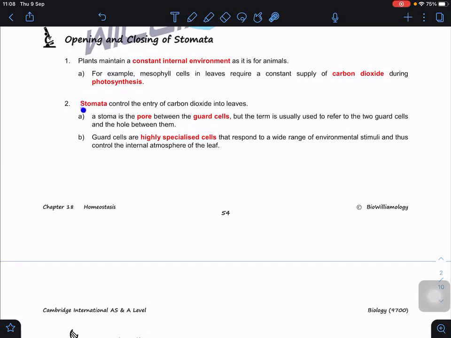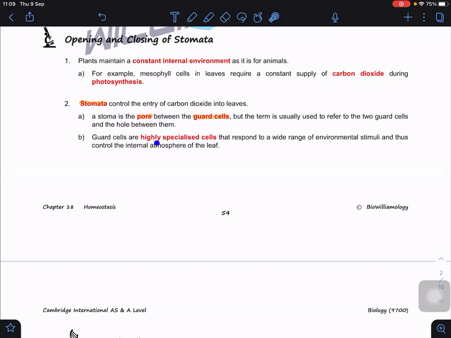Basically, it is the stomata. So what is the stomata? The stomata are the pore between the guard cells. Normally, when we talk about stomata, we refer to the two guard cells and the pore between them. But in fact, the stomata is basically the pore between the guard cells.